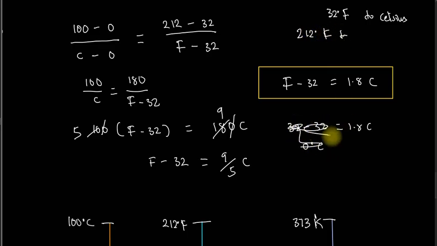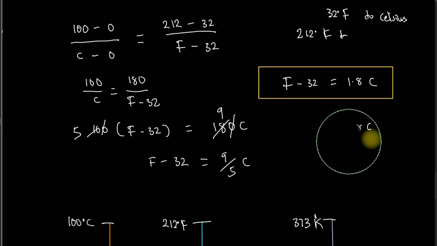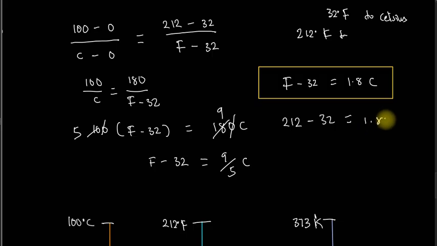In place of F, I'm going to write 212 minus 32 is equal to 1.8 degrees Celsius. 212 minus 32 is 180, and 180 divided by 1.8 is going to give us 100 degrees Celsius. So these are not the only values you can convert. You can convert any random value. For example, convert 50 degrees Fahrenheit to Celsius. You apply this formula, you get the answer.